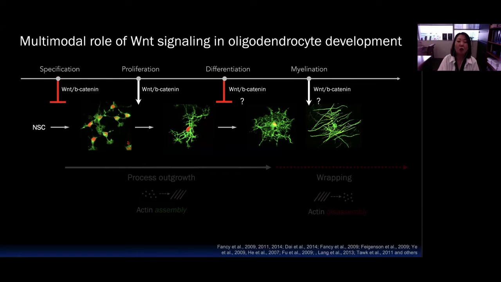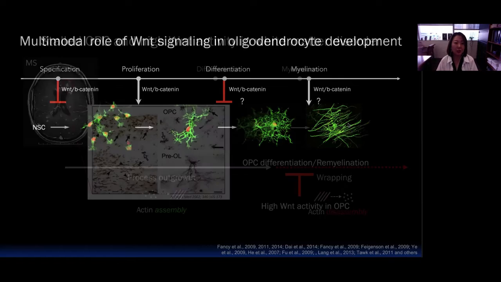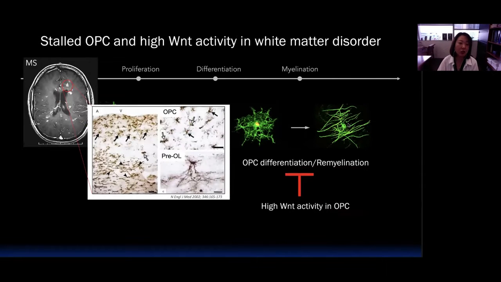This is how we know about Wnt signaling in oligodendrocyte development, but Wnt signaling is also known in the disease aspect. This is an MRI image from multiple sclerosis, and the lesion is identified as this white focal lesion. If we look at this lesion a little more carefully, there are also recruited oligodendrocyte progenitor cells, meaning progenitor cells can be recruited into the lesion area. They can possibly repair.